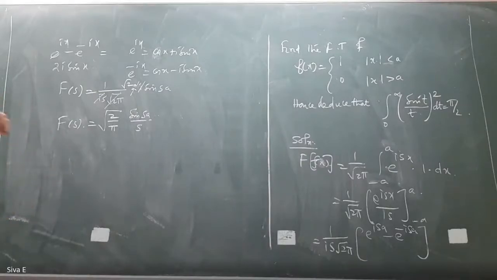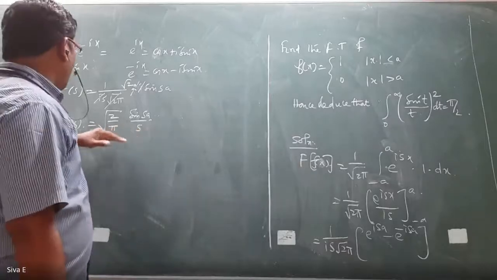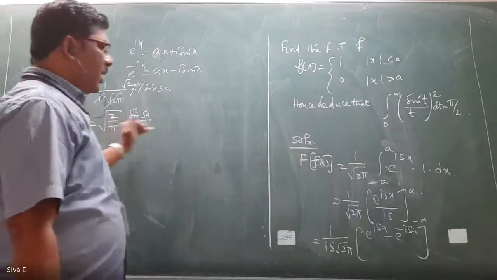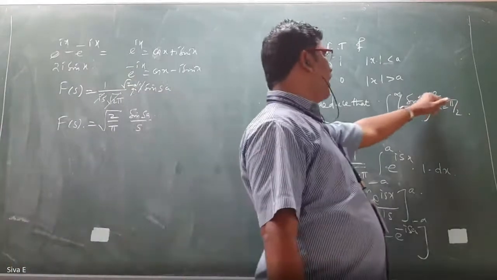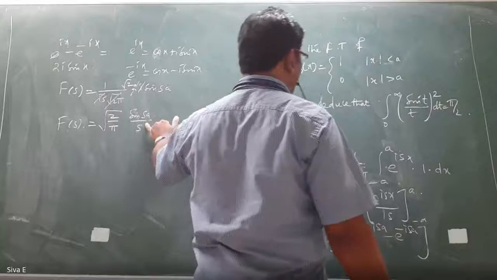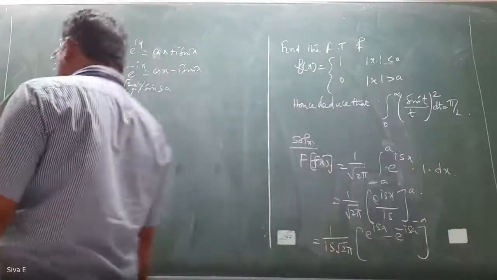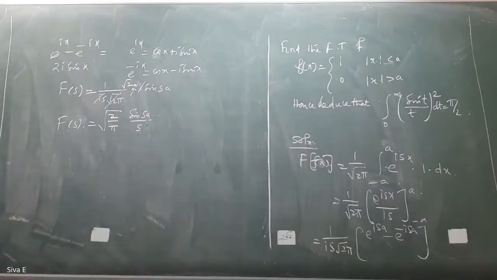So in this position, where the Fourier transform is root 2 by pi sin sa by s, and the deduction involves the square of this Fourier transform, then you have to use Parseval's identity. You should know when you have to use Parseval's identity.